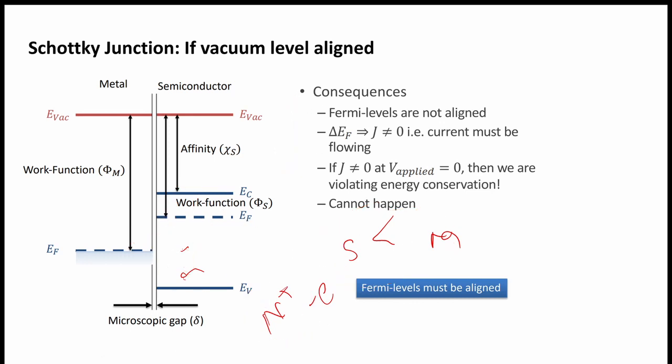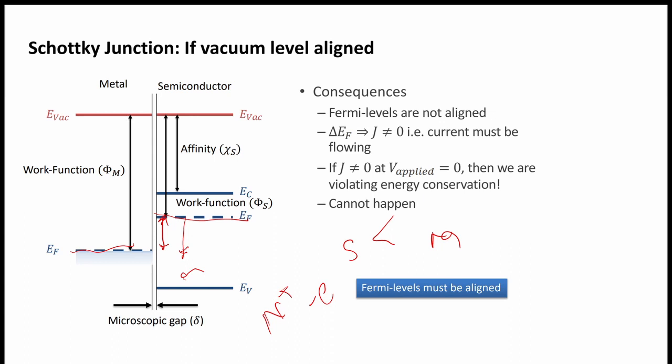So the Fermi level will move until both Fermi levels are aligned. This Fermi level will go down to match the metal Fermi level. How much will it move? It will move by the difference between the work functions of the metal and the semiconductor.